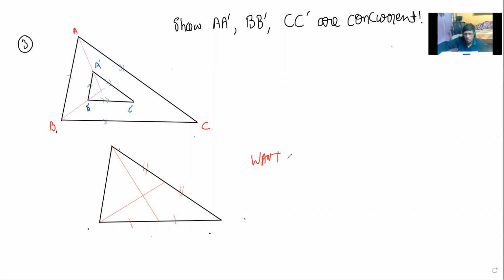Let me write this last thing. You agree these two are medians, and I'm not writing everything. So you want to show that the third median passes through G. But you can't show that directly, right?